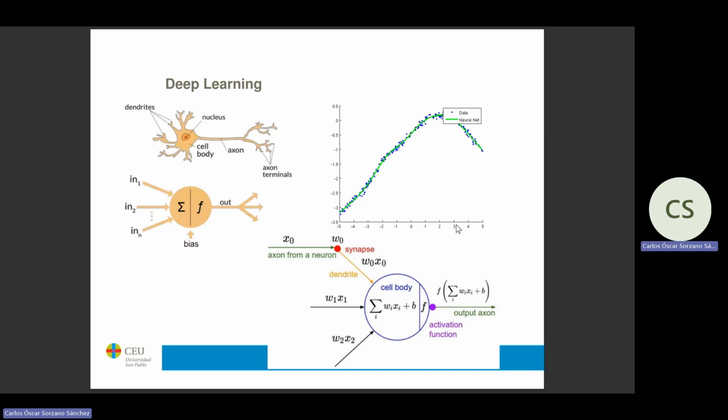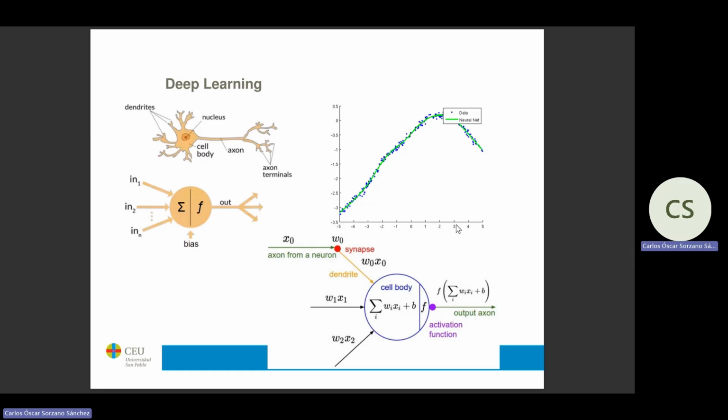You have some signals x1, x2, up to xn. Then you multiply by some weights. Not all the neurons receive the same output x1; it is connected to one neuron and to another neuron, so each one of the receiving neurons gives different weights to that signal.